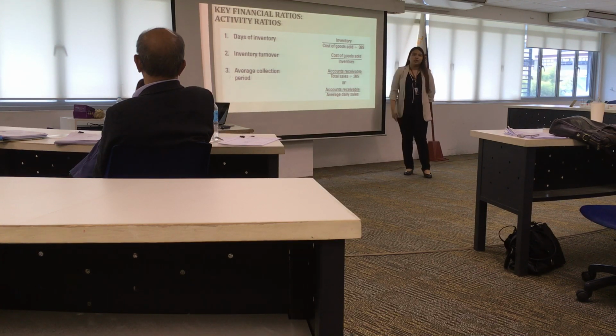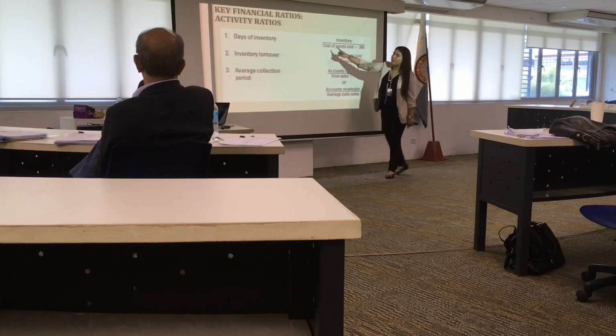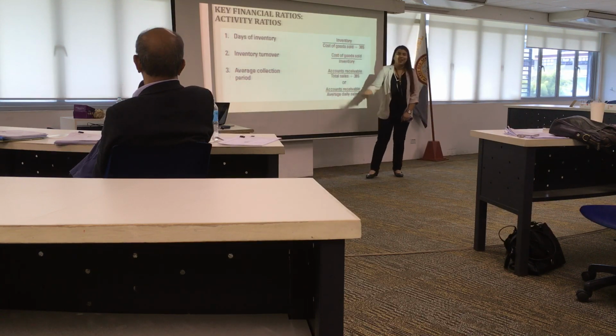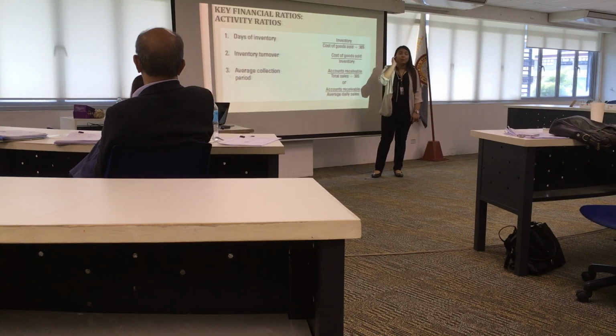Activity ratios. From the term itself, our focus is on the activity, the operation of the business. It measures how efficient the business operation is. So, how can you measure the efficiency of the business operation? You can use number 1 and number 3, days of inventory and the average collection period.